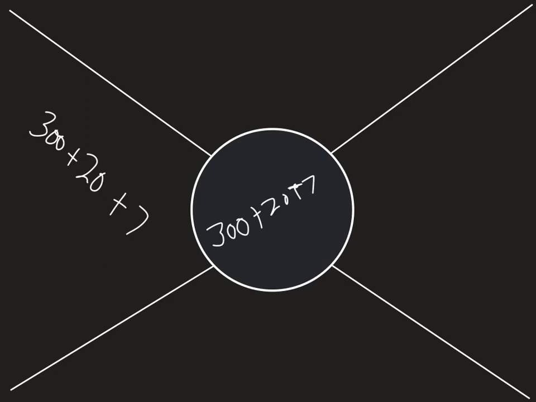Now, let's work with what's easy. We can do unit form really easily from here. We have 3 different values, so we'll do 3 things. A certain number of hundreds, a certain number of tens, and a certain number of ones. Well, we have 7, so that means we have 7 ones. We have a 20.